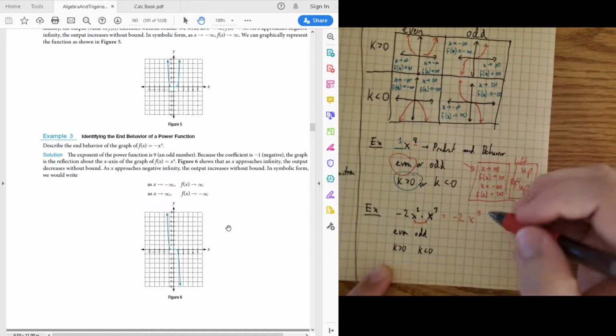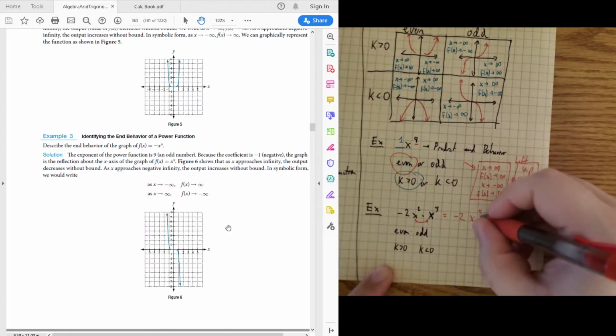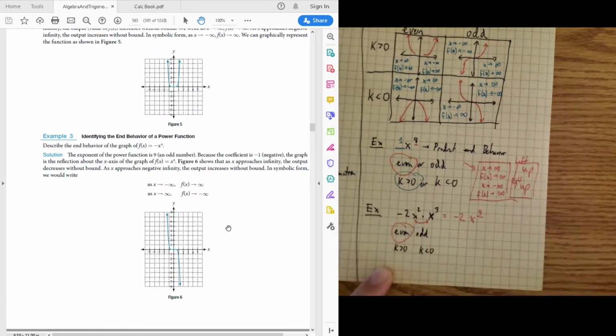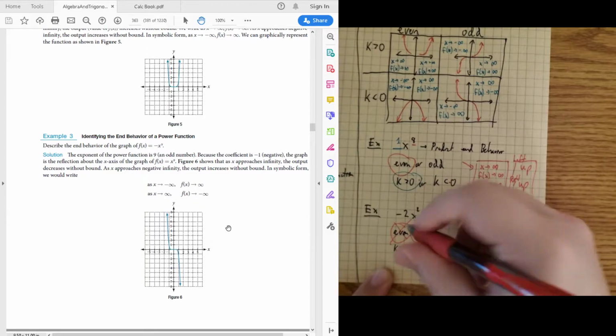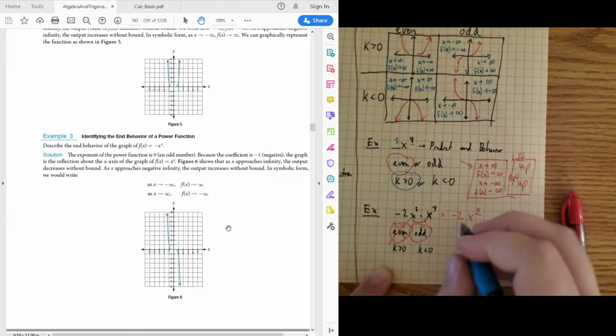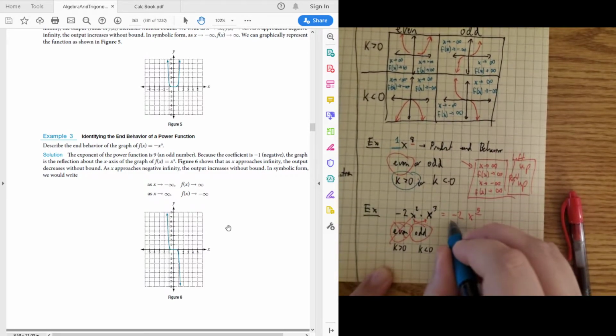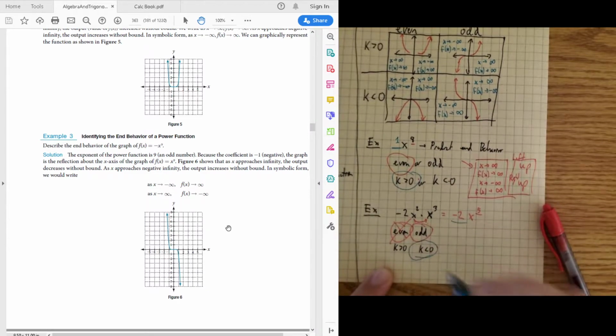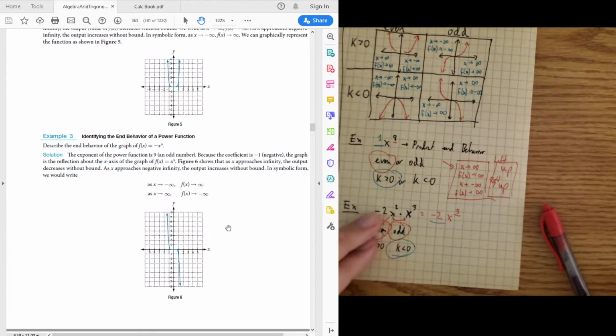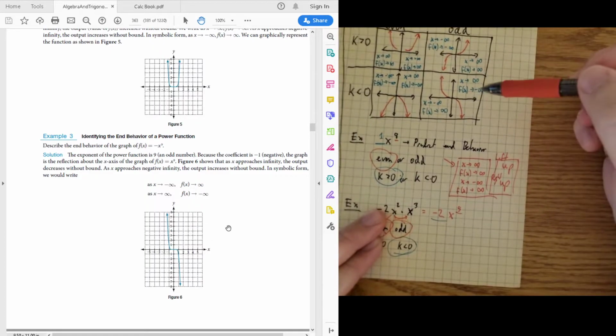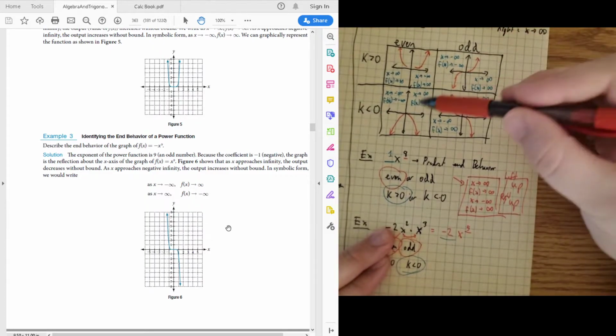So we look at this function and ask, is it even or odd? Well, we got a 5. That makes it odd. Okay. One of those days. All right. We got a negative 2. That means it's less than 0. So from this information, we can actually go to our grid up here and answer the question. It's odd. It's less than 0.